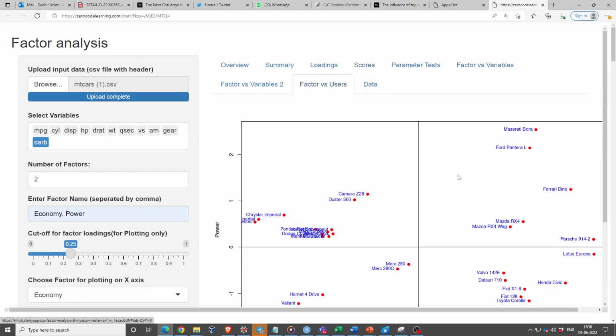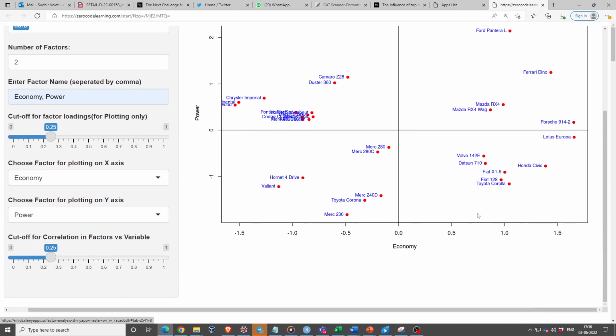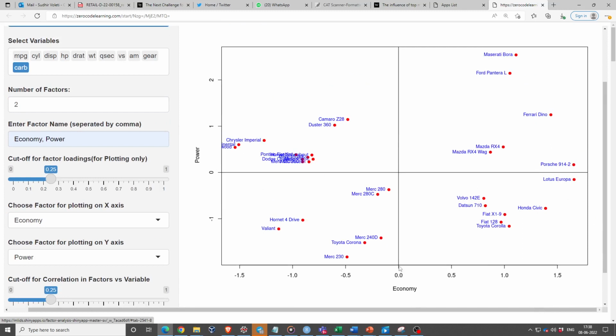You can see that we now have a neat 2 by 2. As you can see, these axes are at the 0 level, so it splits the entire graph into a 2 by 2. The right half of the graph are those cars which are higher than average, average being this axis, on economy.